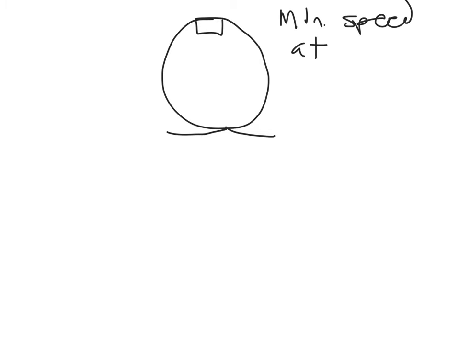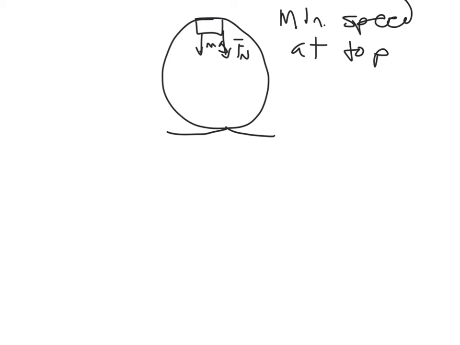We can go really as fast as we want, but we have to at least be going fast enough so that the weight, the mg pulling downward here, is equal to the mv squared over r. There is also a normal force here, but to be going at our slowest speed, we want that normal force to be as close to zero as possible.